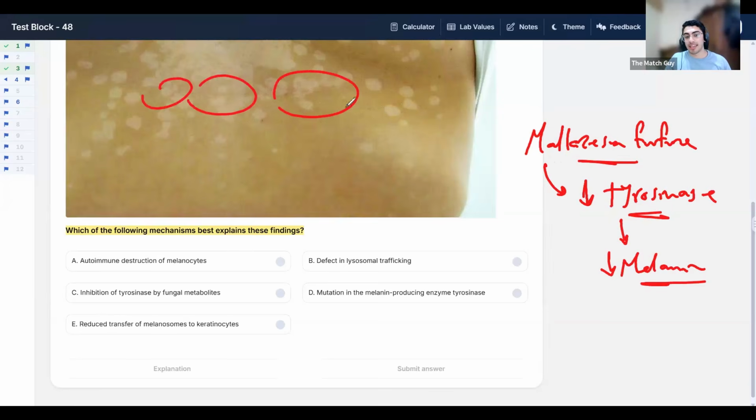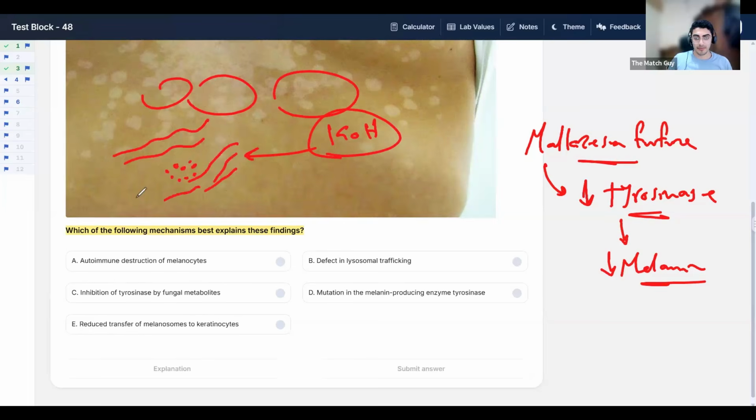In a KOH preparation of these lesions, what you will find is a spaghetti and meatball appearance. Okay, spaghetti and meatball appearance. All right, nice. So what would be the treatment for Malassezia furfur?